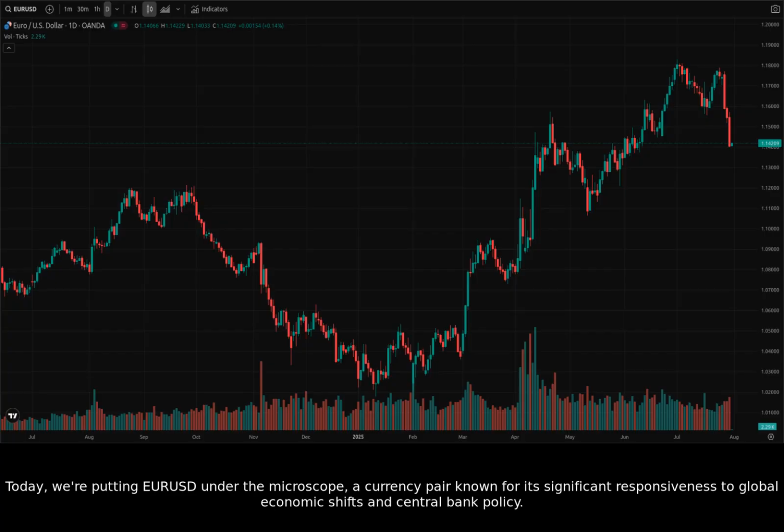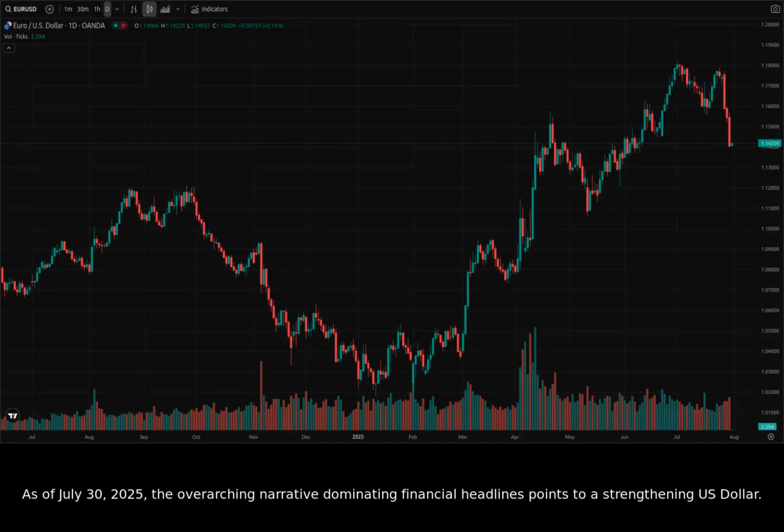Today, we're putting EURUSD under the microscope, a currency pair known for its significant responsiveness to global economic shifts and central bank policy. As of July 30th, 2025, the overarching narrative dominating financial headlines points to a strengthening U.S. dollar.